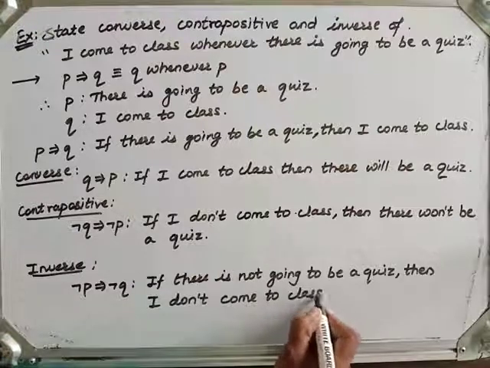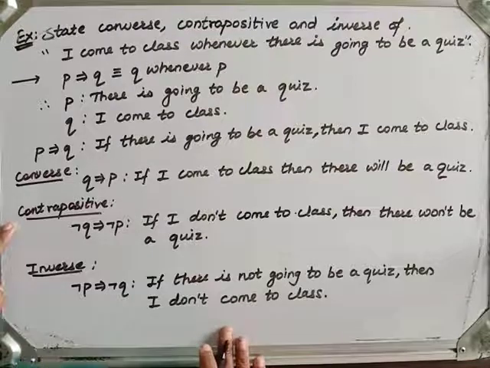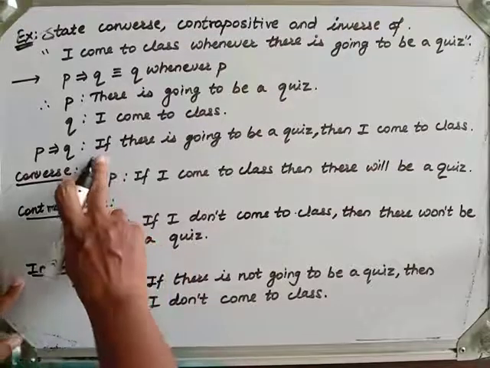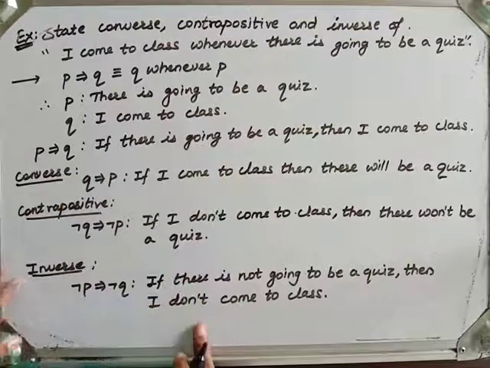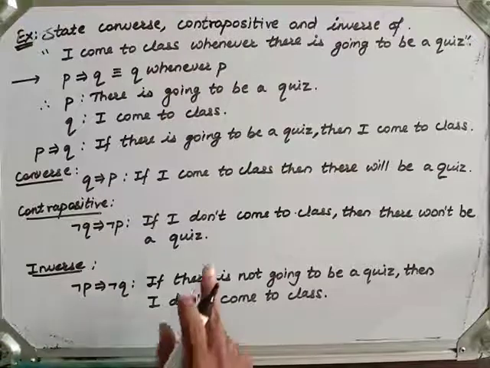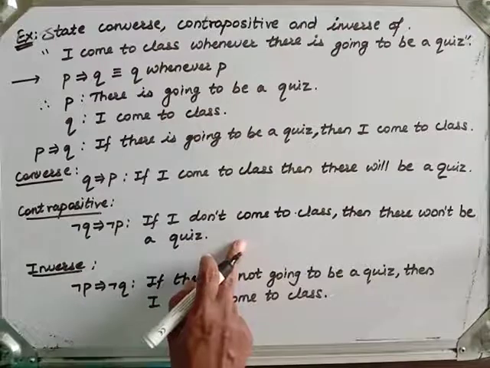So as such we can write the converse, contrapositive and inverse. If we write P implies Q statement in detail, then you can easily write the converse, contrapositive and inverse of them. So I will give some problems to you as assignments for doing these things.